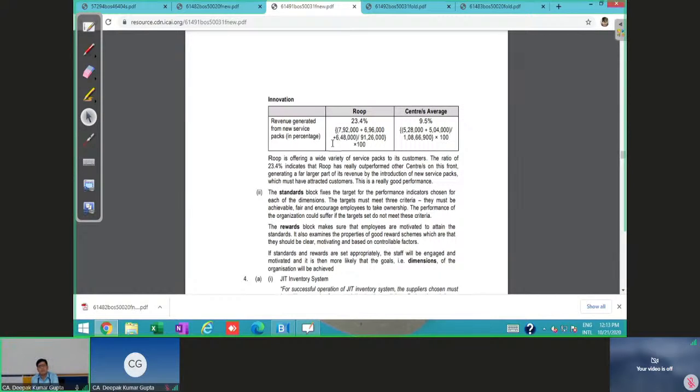Sometimes we get queries from students: Sir, we are unable to remember this particular concept, or when we are solving the question again and again, we are unable to tackle the problem.